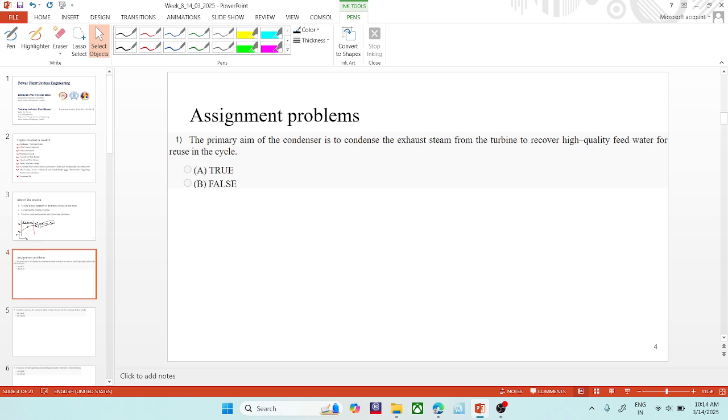Let's start with this. It is saying the primary aim of the condenser is to condense the exhaust steam from the turbine to recover the high quality feed water for reuse in the cycle.